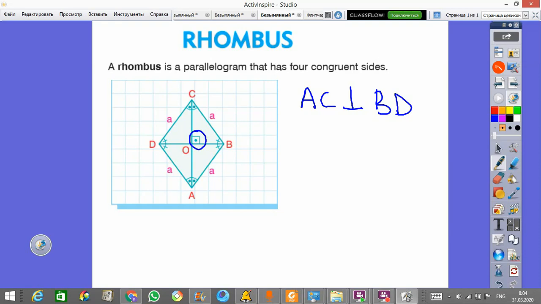In the rhombus, the diagonals AC and DB bisect each other, as in a parallelogram. Therefore, in the figure, OD equals OB, where O is the center of this rhombus, and OA is equal to OC.